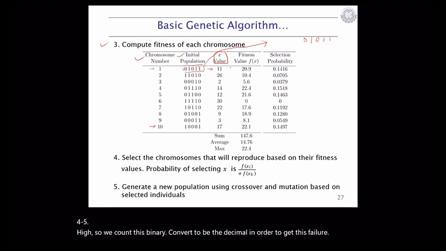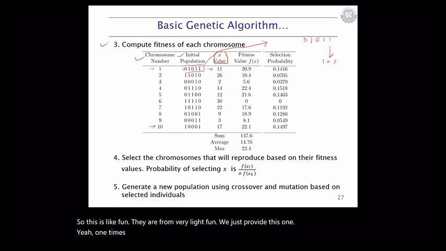Right? So this 11, from where 11, we just provide this one. 1 times 2 power 0. And this is the second one, 1 times 2 power 1.